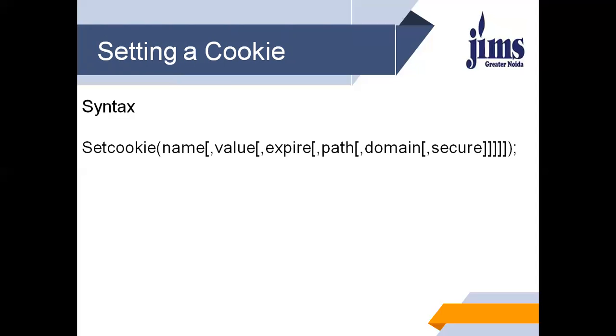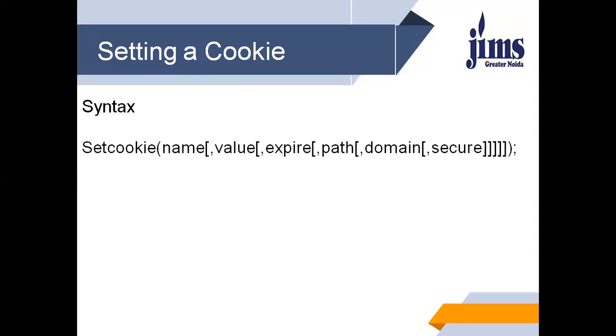Next is path. Browser will return the cookie only for URLs below the path. The default is the directory in which the current page resides. For example, if /store/front/cart.php sets a cookie and does not specify a path, the cookie will be sent back to the server for all pages whose URL path starts with /store/front/.